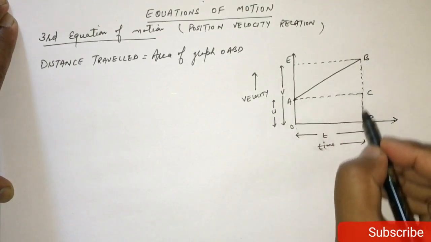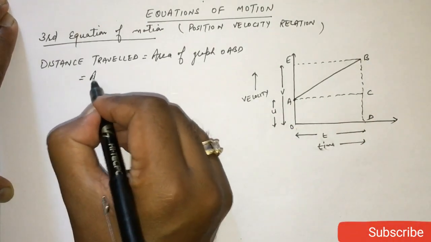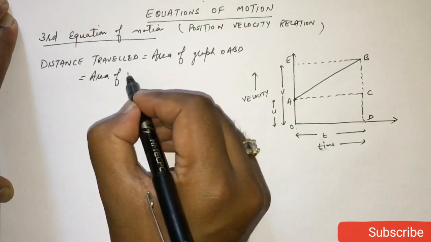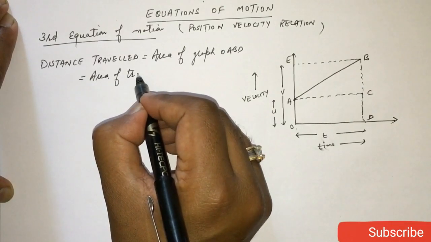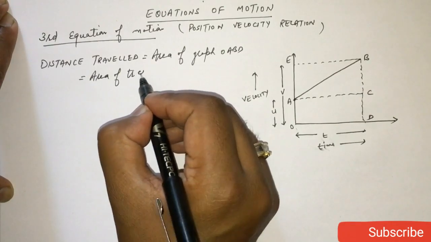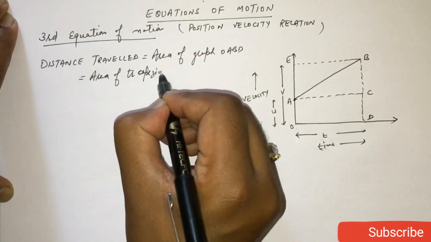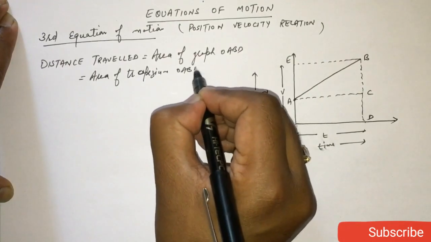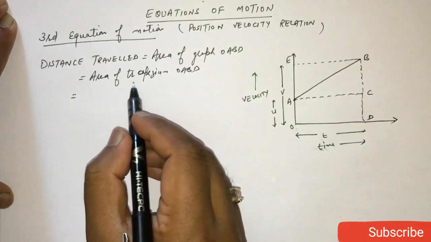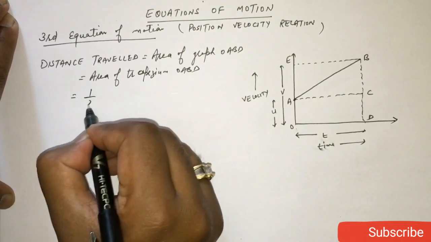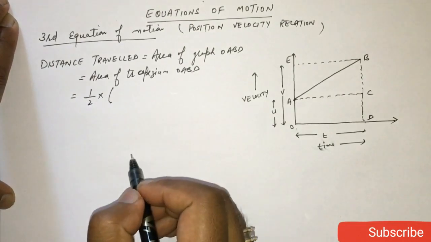This is a trapezium. So you can write the area of trapezium OABD. The area of a trapezium is half into the sum of parallel sides.